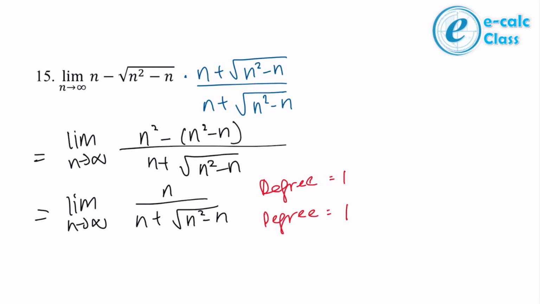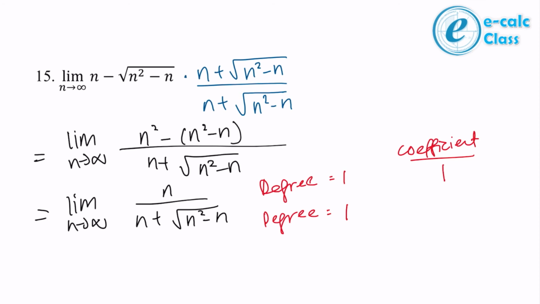When the degree on top and the degree at the bottom are the same, your answer should be some constant, the coefficient of the highest power. The coefficient of n on top is 1. Definitely 1.